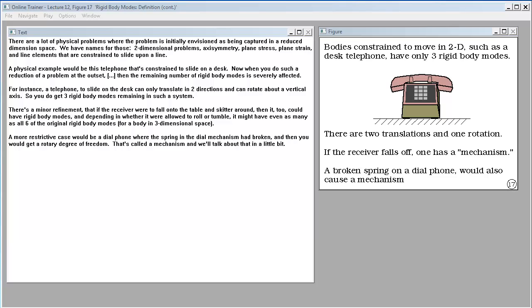Now, when you do such a reduction of a problem at the outset, then the remaining number of rigid body modes is severely affected. For instance, a telephone sliding on the desk can only translate in 2 directions and can rotate about a vertical axis. So you do get 3 rigid body modes remaining in such a system.